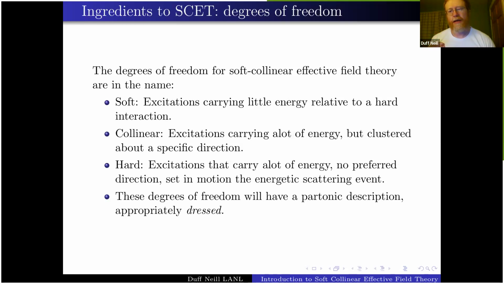In other words, they're going to come along with a whole entire structure beyond the single quark and single gluon that you're used to in normal perturbation theory. Indeed, there's going to be lots and lots of potential quarks and gluons that can all be created by these soft and collinear excitations. And that's why I refrained from calling these degrees of freedom, strictly speaking, quarks or gluons. They're a bit more than that, but they're also a bit less than a hadron.